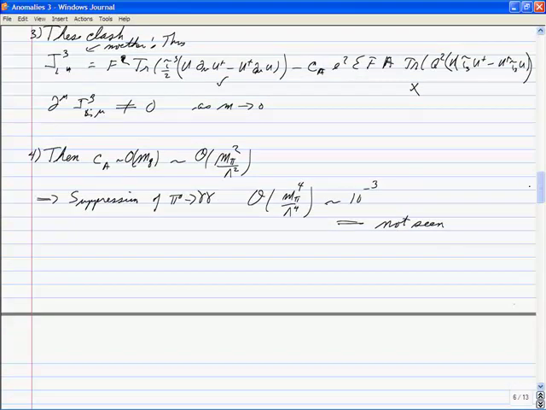And the answer is that there's an anomaly in this, which is then ∂_μ j axial 3 is α times number of colors over 12π F_{μν} F dual^{μν}.